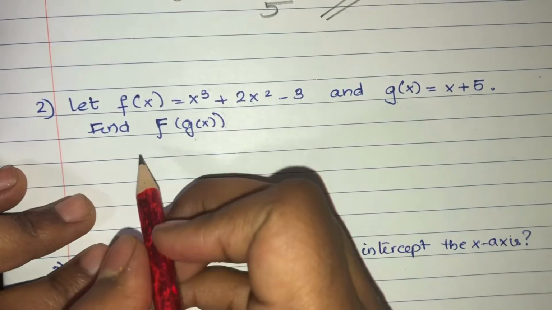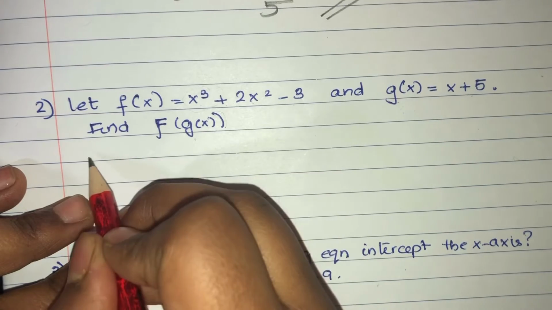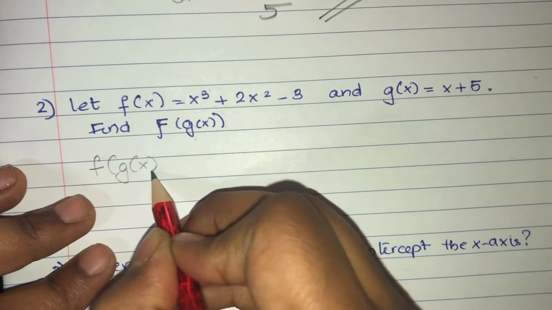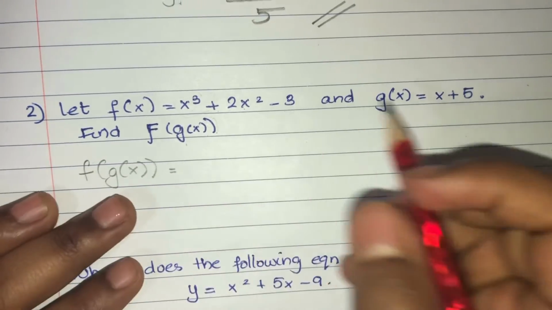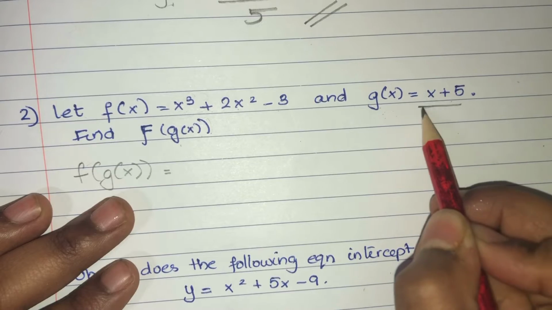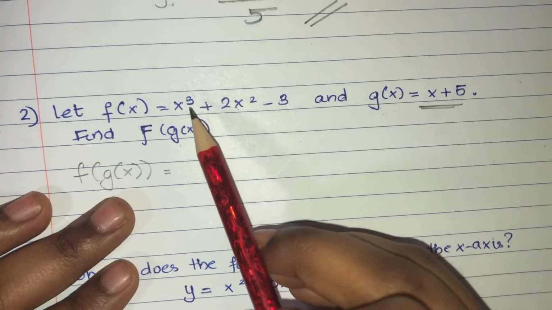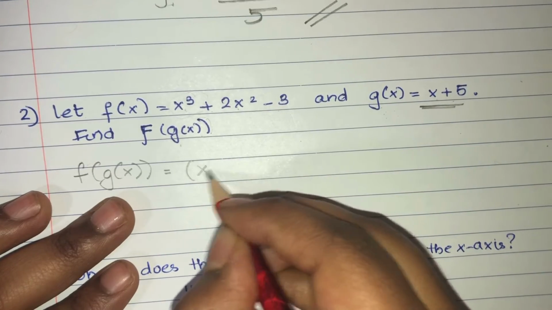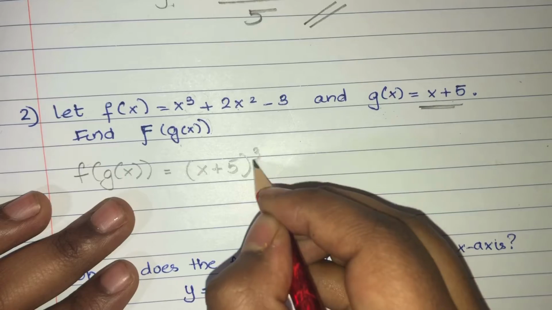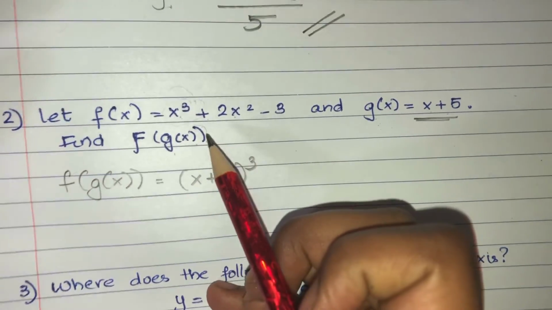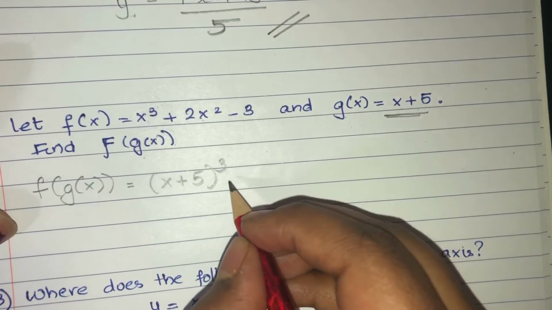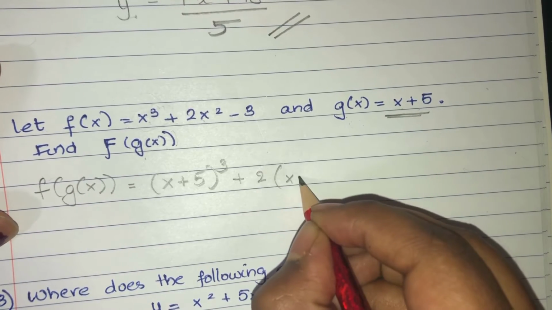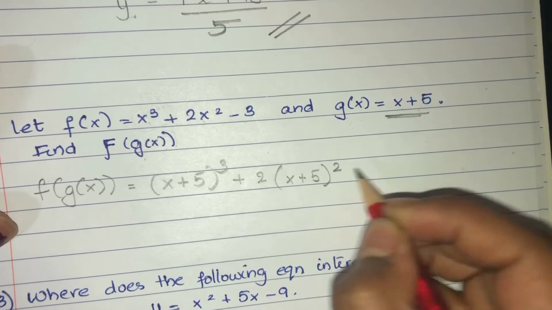So let's write f of g of x is equal to x plus 5 cubed, plus 2 times x plus 5 whole squared, minus 3.